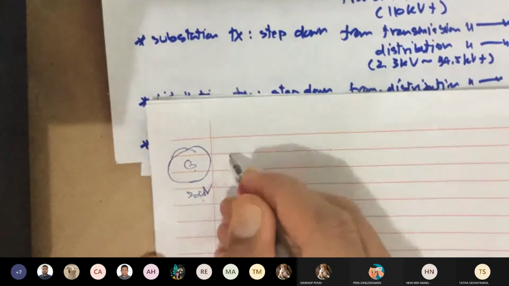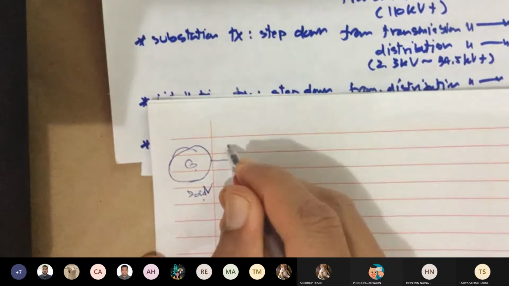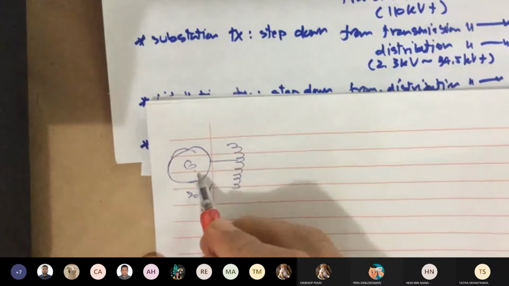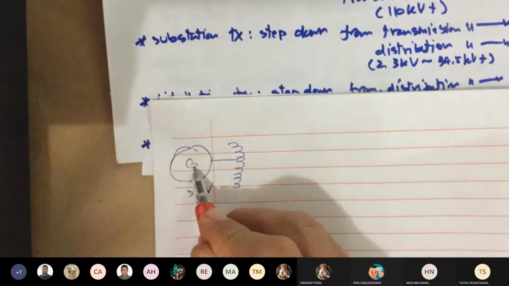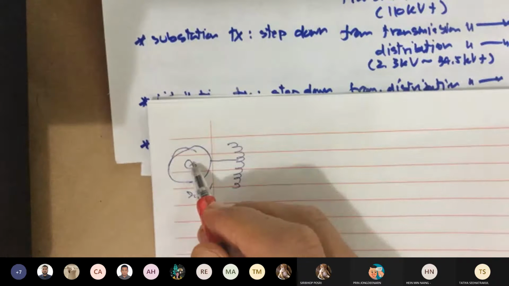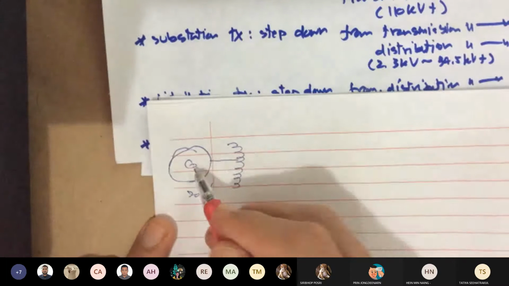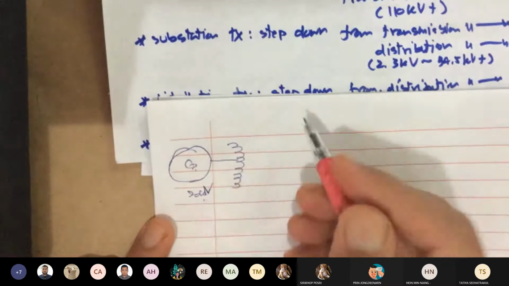One line only. So here, I will connect this generator to the power plant. Maybe this is a steam turbine generator, whatever it is, next to your primary source, hydroelectric dam, coal mine, whatever.